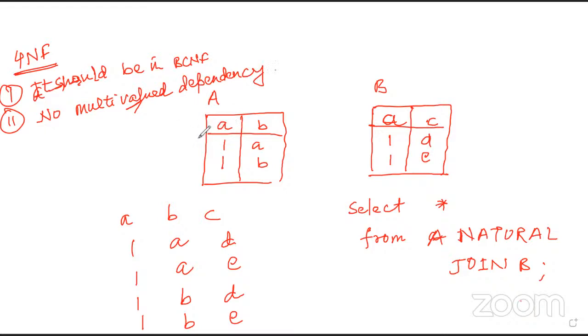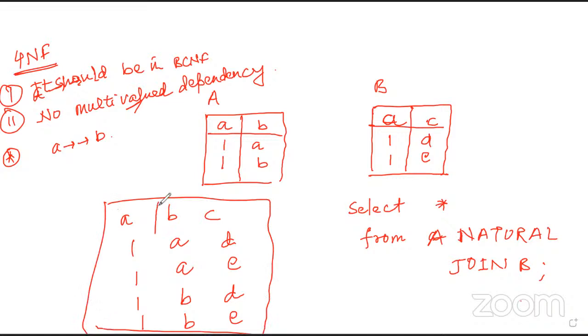Suppose there is one table with this particular functional dependency, with attributes A, B, C. Assume this is your table, with the multi-value dependency A determines B and A determines C. Does it have a multi-value dependency or not?